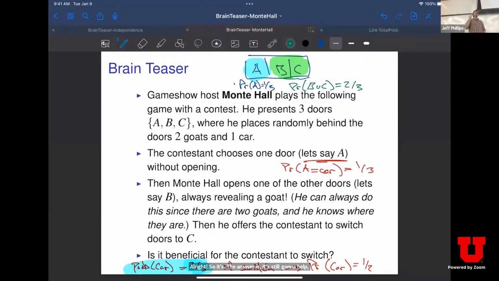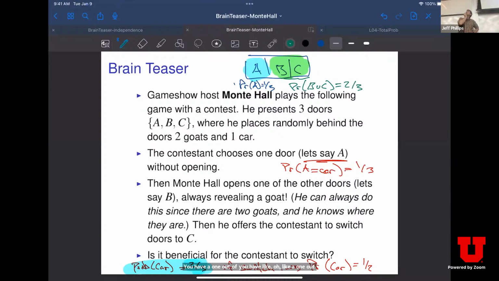You still had a 1% chance of getting the car on your first door, and on your second door, you have a 1 out of 99 chance.